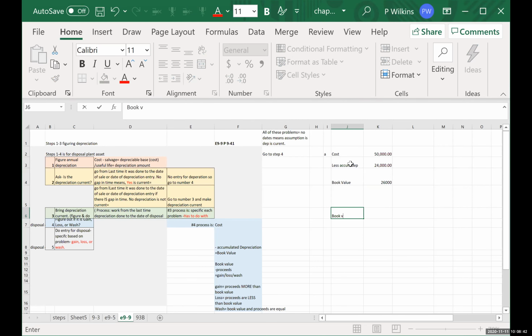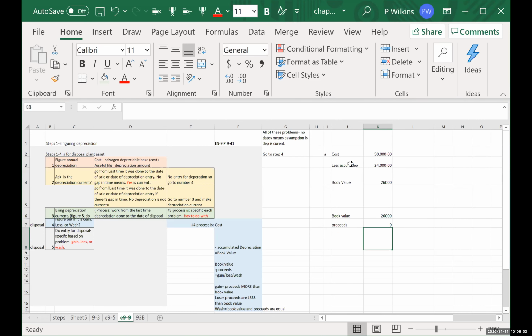So we take the book value, $26,000. We then are going to list the proceeds. Proceeds, 0. So in this case, the book value is 26,000.